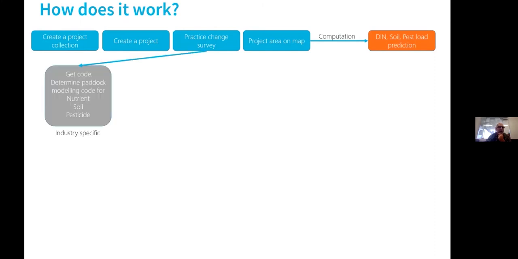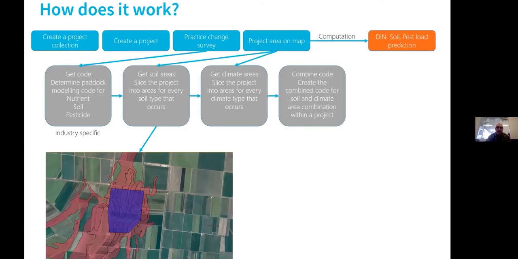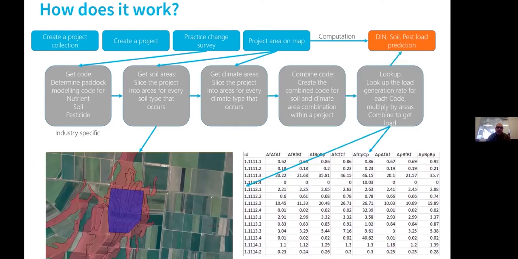So underlying that, the practice change survey effectively gets converted into what we call a paddock modeling code. The spatial representation we intersect with an underlying soil layer, and a climate and region layer, combine these things together to ultimately get codes to look up from a series of paddock modeling simulations.